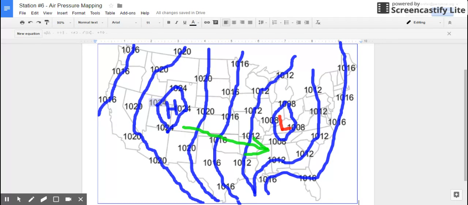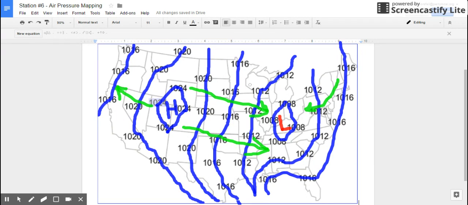Again, this is an oversimplification that we're going to be getting into more later, and we'll probably have a little bit of air going this way as well. And we'll probably have a little bit of air coming this way, creating some winds coming down out of Maine. But for the most part, we're going to go from the high to the low in this direction.